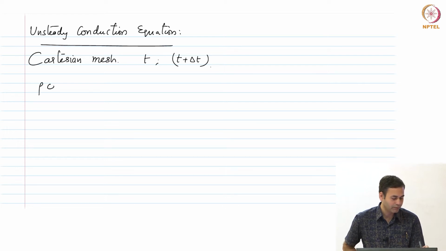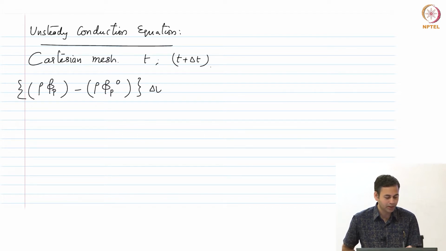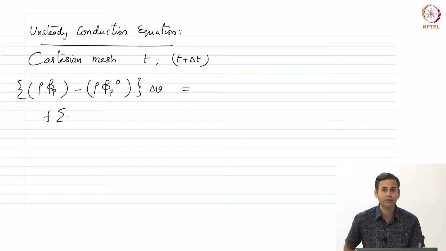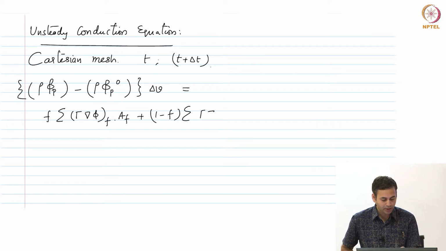So that was rho phi p, dropping the superscript 1 here, minus rho phi p 0, times delta v, equals on the right hand side f times sigma gamma grad phi f dot af, where again the superscript 1 is dropped, plus 1 minus f times sigma gamma grad phi 0 f dot af.